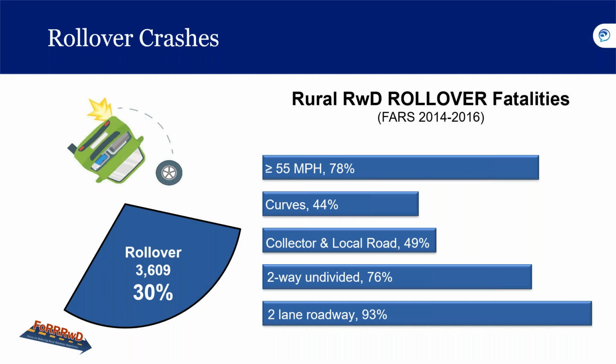If we look at these statistics, we can see that rollover fatal crashes predominantly occur in rural areas with posted speeds of 50 miles per hour or greater, and almost half of those occur on curves. So we'll see a theme here with curves. For such a small percentage of the roadway miles, they are well overrepresented in crashes. Only about 5% of roadway miles are curve miles, but they're responsible for a big percentage of crashes.